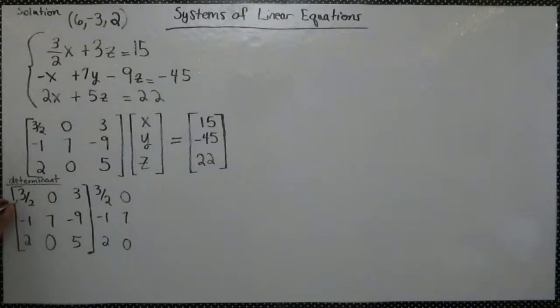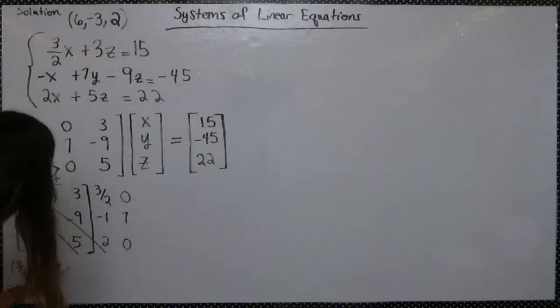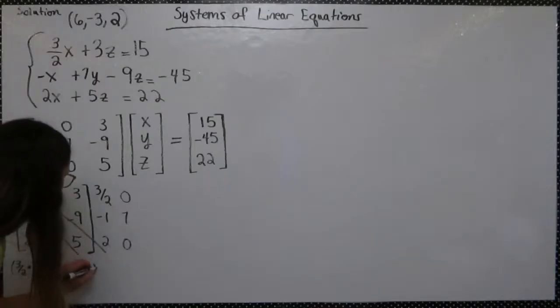So we calculate the determinant by first taking this diagonal. So it's 3/2 times 7 times 5. So we'll put it here, 3/2 times 7 times 5 plus this diagonal. It's going to be 0 because 0 times anything is 0, but just for the method, we'll go ahead and practice 0 times -9 times 2.